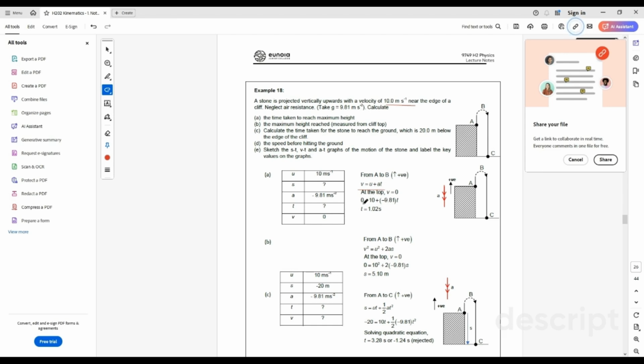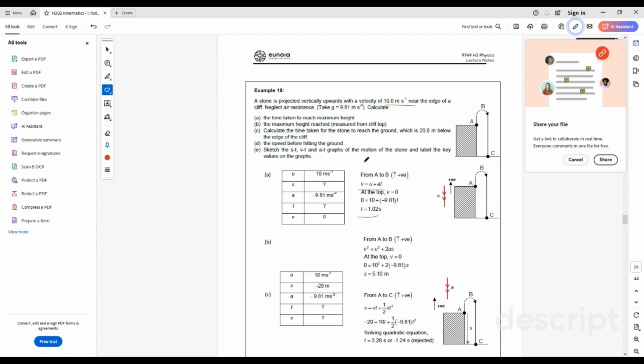So we know v. We know that u is 10 meters per second, and we know that the acceleration is negative 9.81, since the stone is decelerating due to gravity when it is projected vertically upwards. So we substitute these values, and we get t as 1.02 seconds.